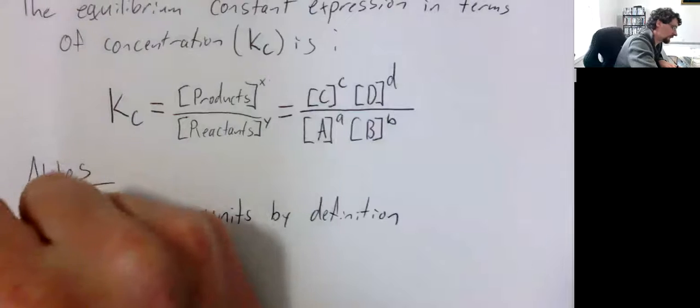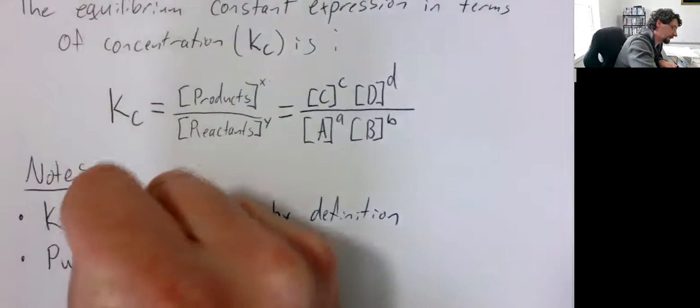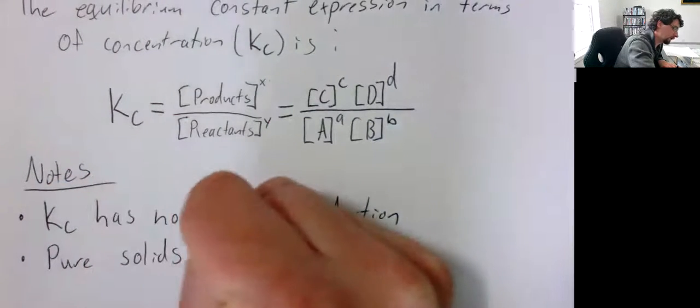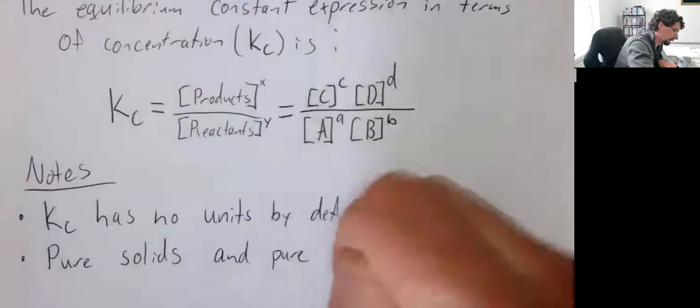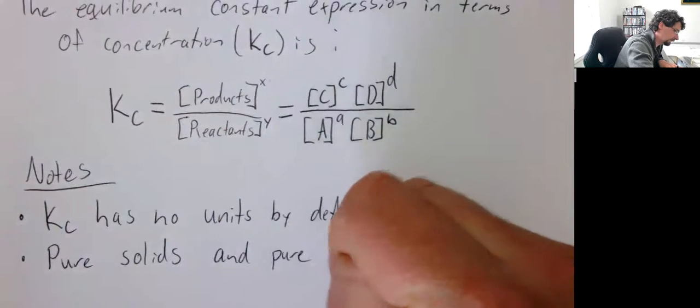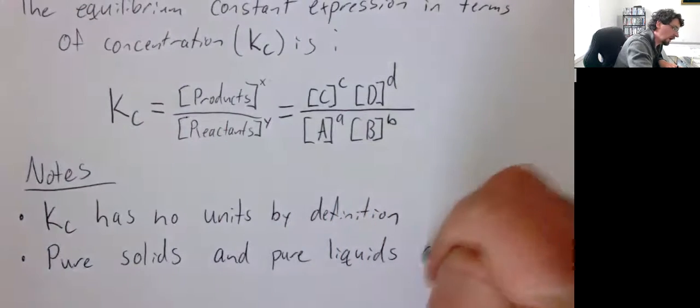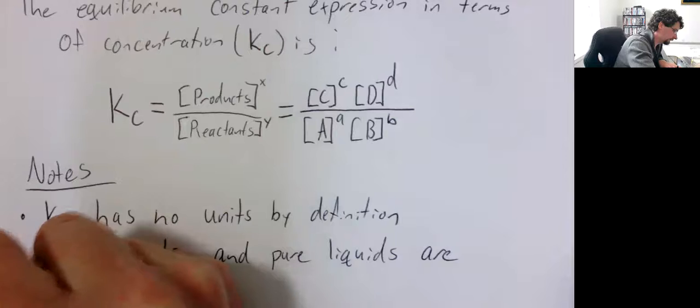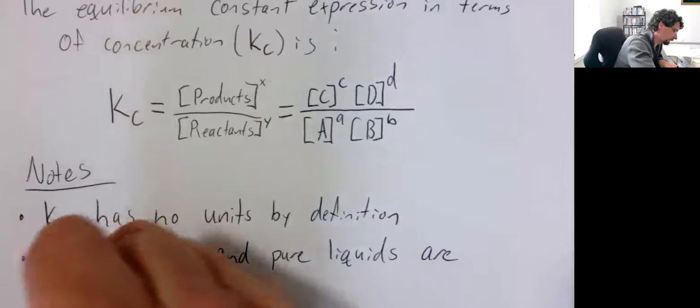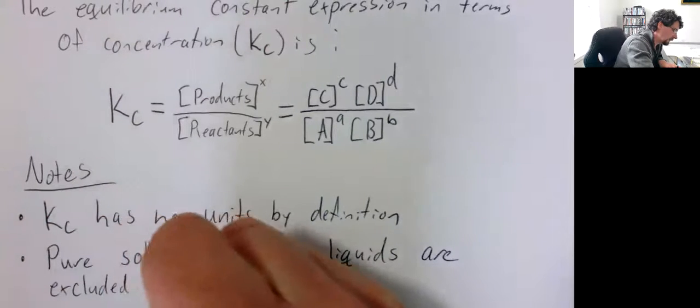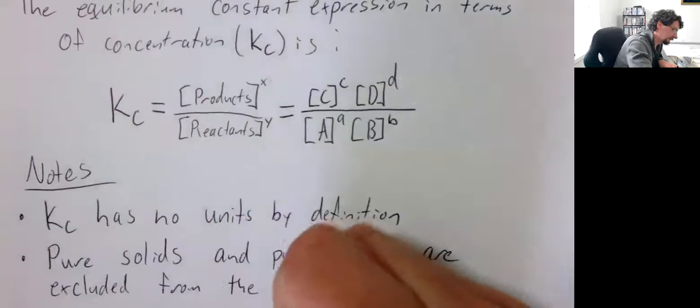So let's summarize that. Pure solids and pure liquids are excluded from the equilibrium constant.